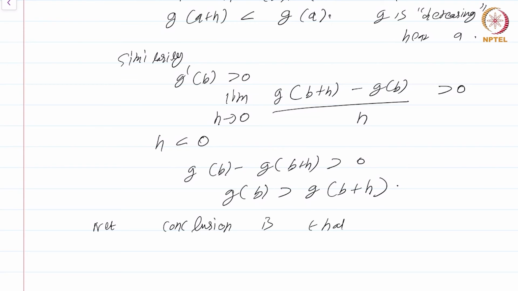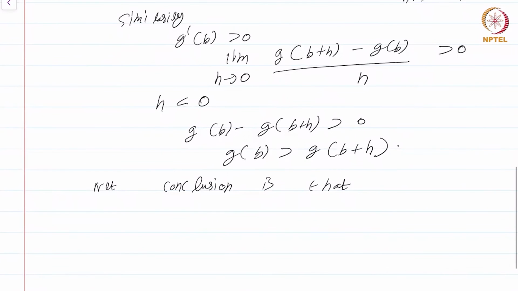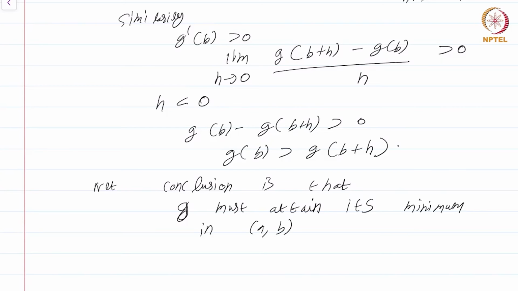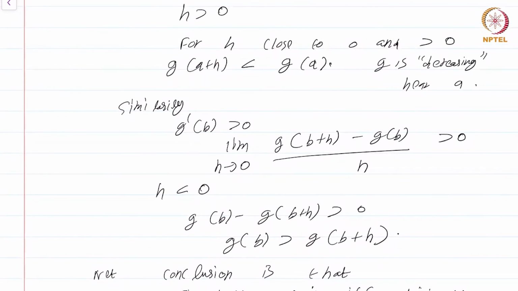that g must attain its minimum in (a, b). g certainly attains its maximum and minimum in the closed interval [a, b]. It must attain its minimum in the open interval (a, b).